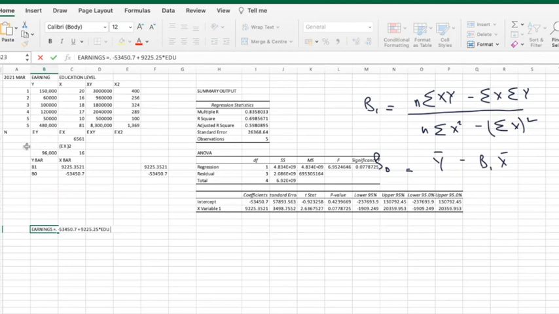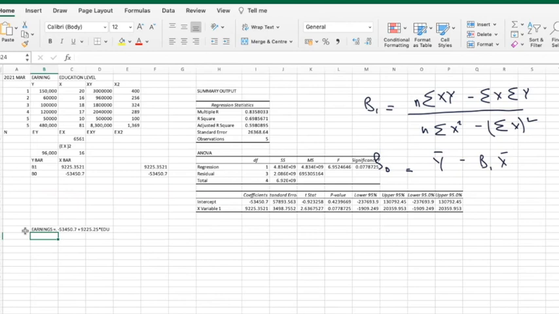Now once you have this, अब इस फॉर्मूला के अंदर एजुकेशन की वैल्यू डालेंगे तो आपको अर्निंग्स की एवरेज वैल्यू शायद प्रिडिक्टेड वैल्यू पता लग जाएगी. You can find out the predicted value of earnings based on the regression line that was derived using the ordinary least square method.